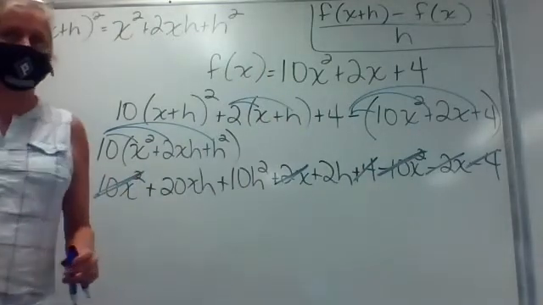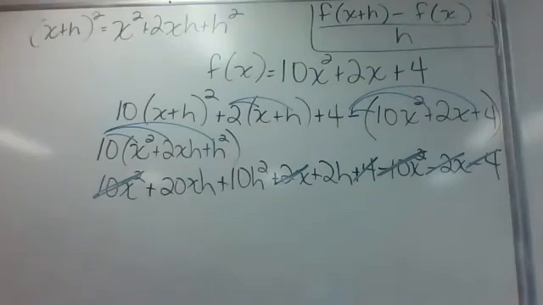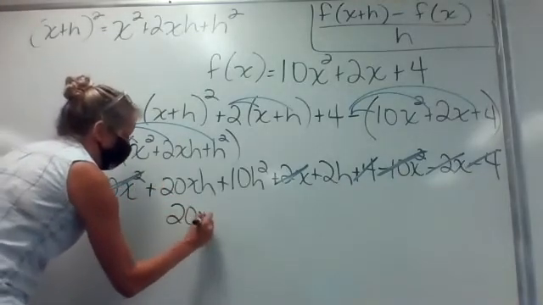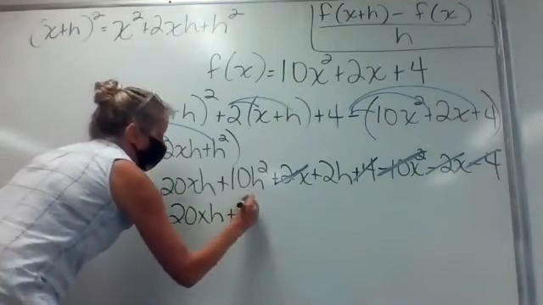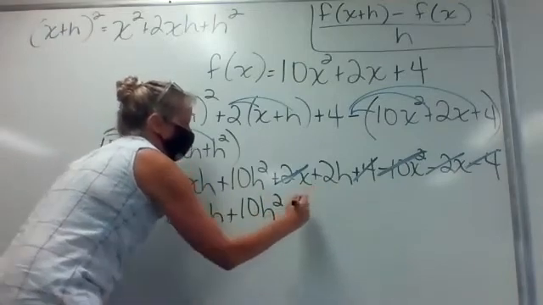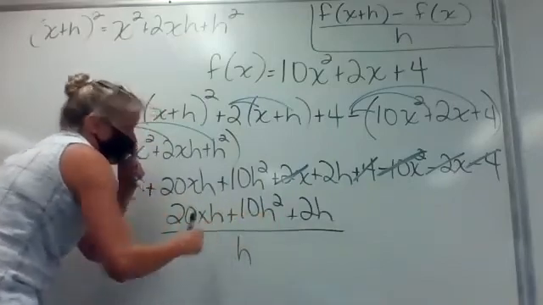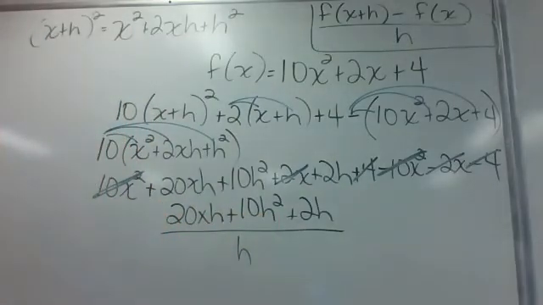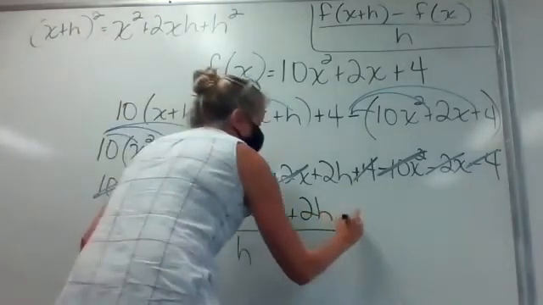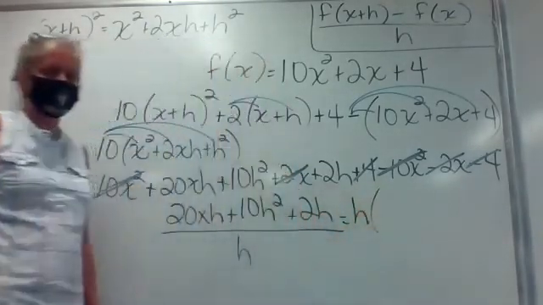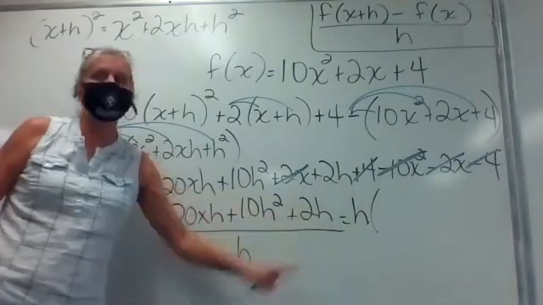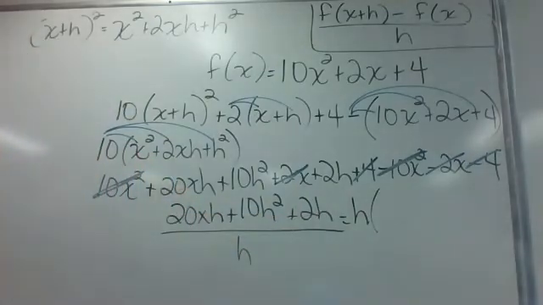And just like the last one, all the terms that are left are going to have an h in them, right? I've got 20xh plus 10h squared plus 2h. Since it's over h, and I notice those all have h's, I'm going to pull an h out of the top so I can use it to cancel that denominator. So if I take an h away, you just rewrite all those terms less an h.